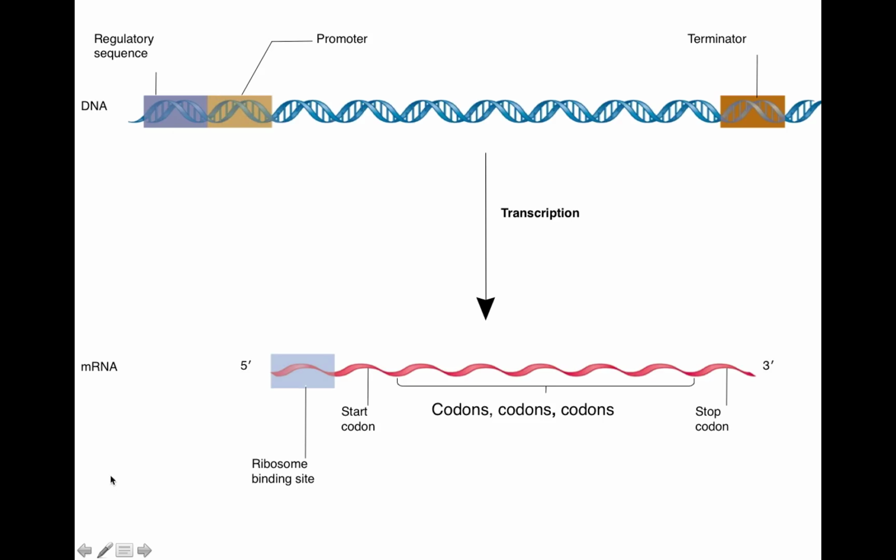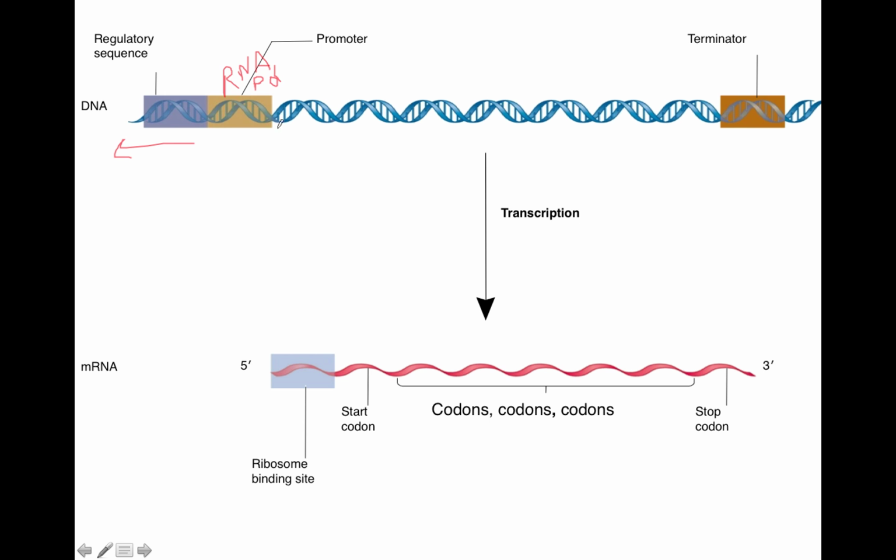Upstream, in this direction, there are other regulatory regions that other accessory proteins will bind to help RNA polymerase bind here. The terminator sequence we'll get to at the end of this capture. And the process of transcription makes a copy of this region of the DNA into an RNA molecule.